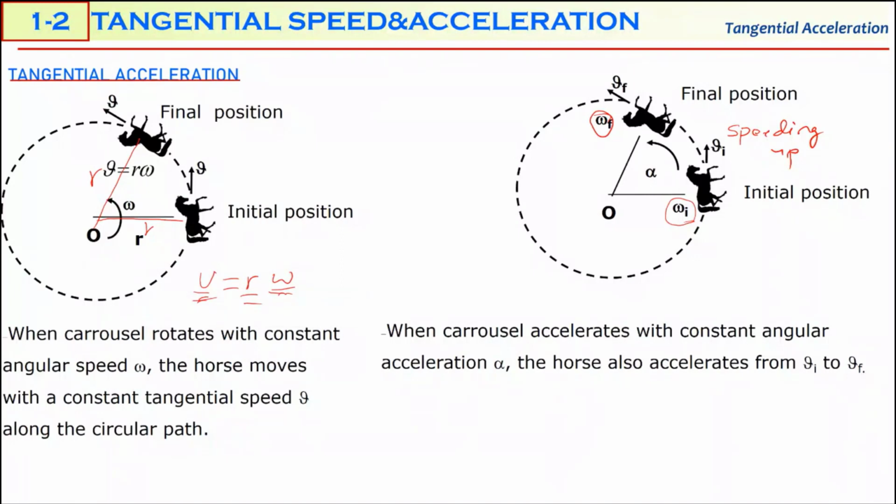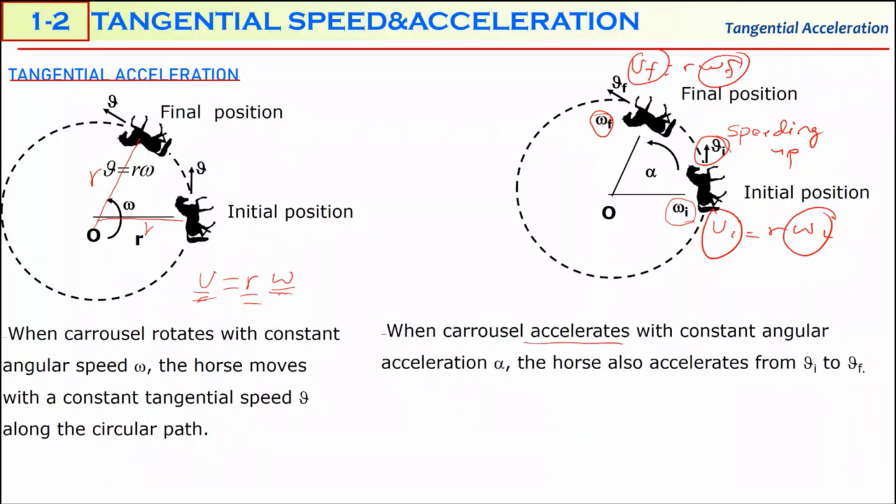By that time the tangential speed also must be increasing, because we know that tangential speed initial is R times omega initial, and tangential speed final is R times omega final. If omega is changing, these tangential speeds also must be changing. They must be increasing together.